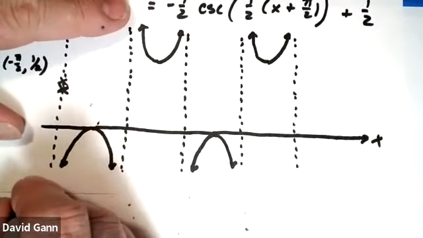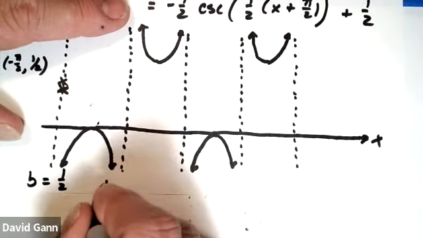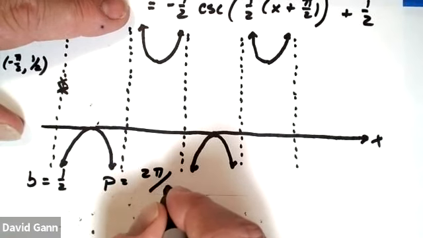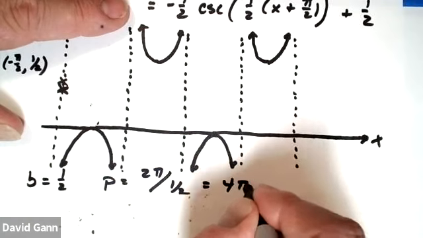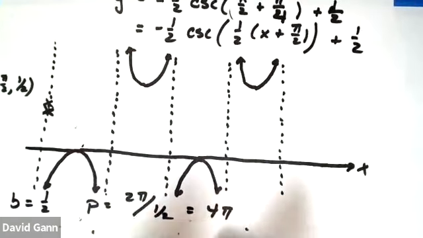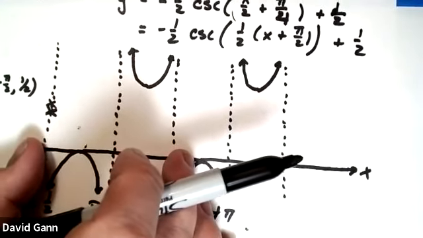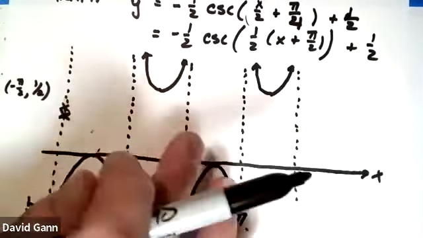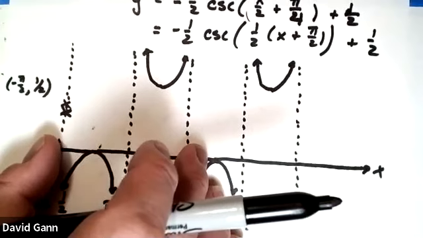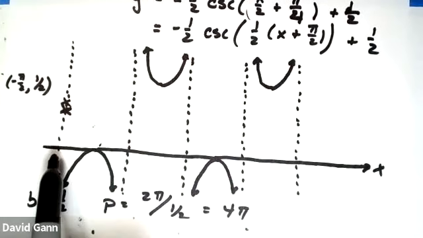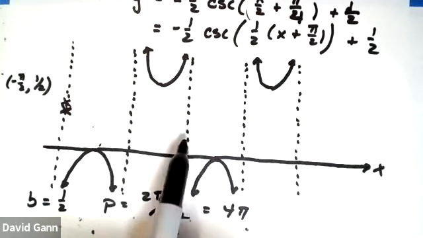Because b equals 1/2, the period will be 2 pi divided by 1/2, which is 4 pi. Okay, that tells us that each two of these has a distance of 4 pi between them, horizontally speaking. So if we were to add 4 pi to this one's x position, this will be some bizarre unit, gosh, 4 pi is 8/2, so this will be 7 pi over 2.